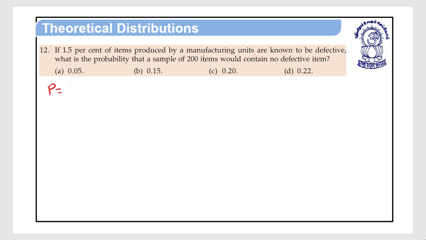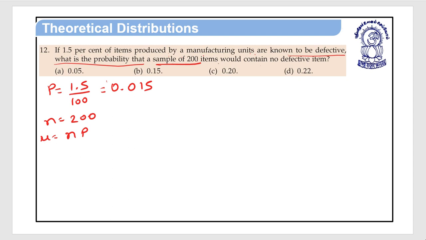Here p is equal to 1.5 by 100, which is 0.015. n is equal to 200. Mu is equal to np.